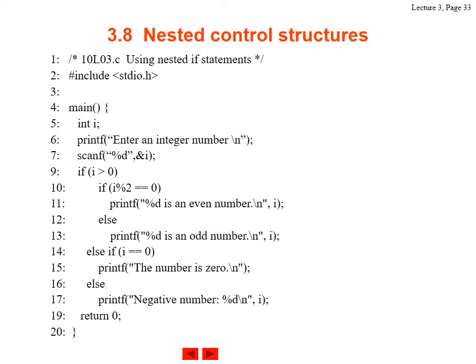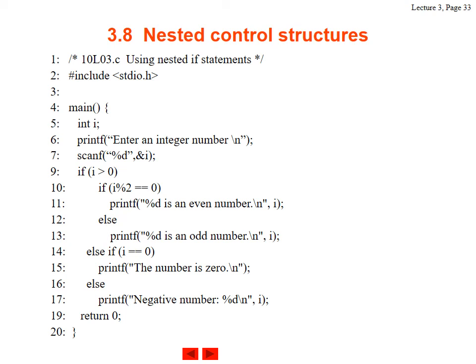Printf %d is an odd number. Why? Because it leaves a remainder, right? Then else if. So you see there's an if and its else, right? If it leaves no remainder, it's even, else it's odd.